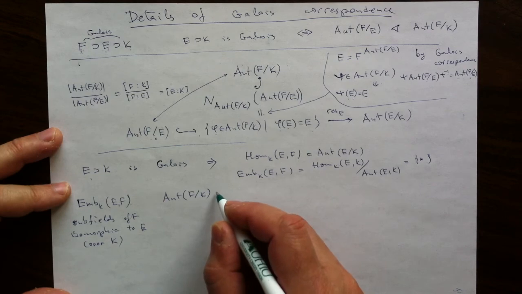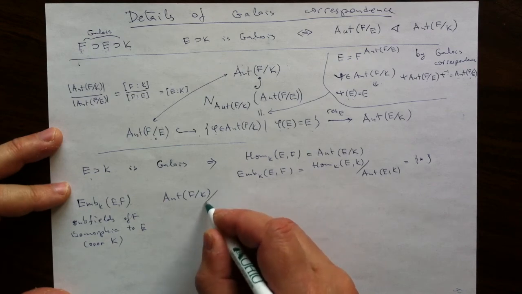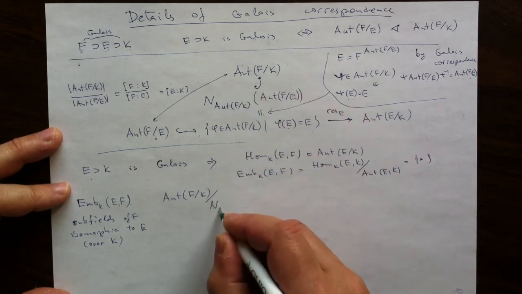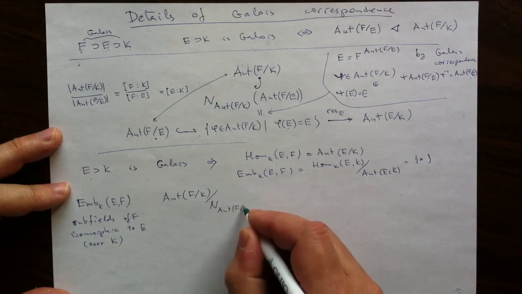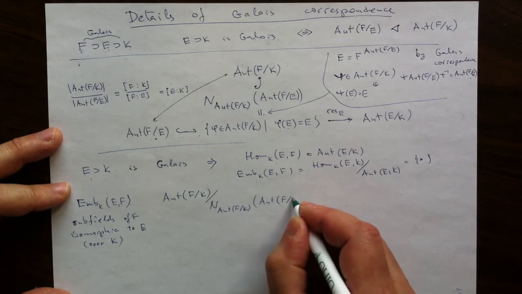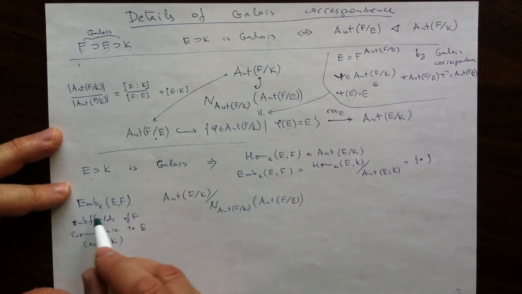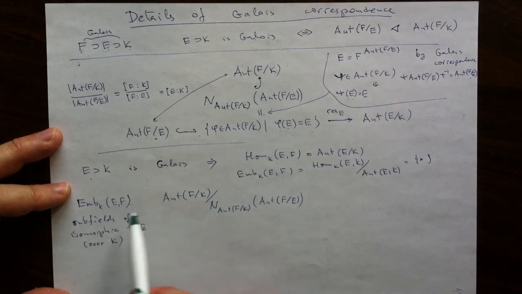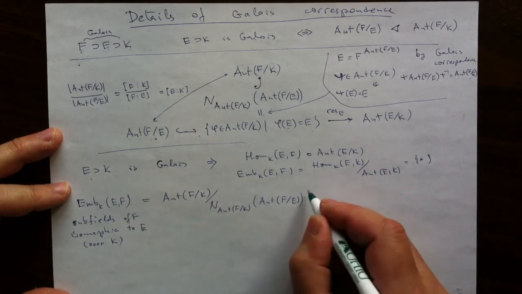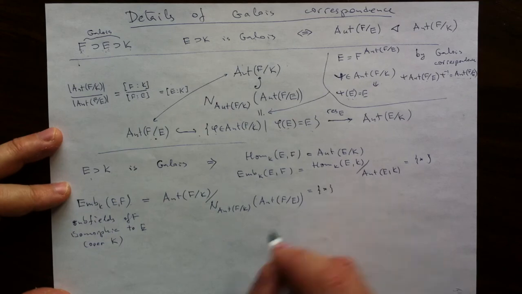So we could be sure that the quotient by this, and we identified it with a normalizer, so quotient by the, I will write it as a normalizer, is an orbit inside. But this is one element in the Galois case, so there is no space. That has to be just a one element orbit.